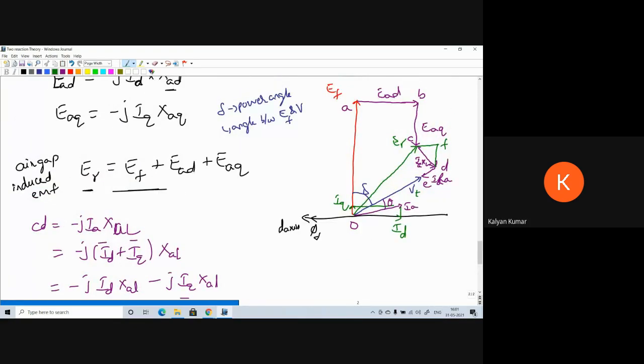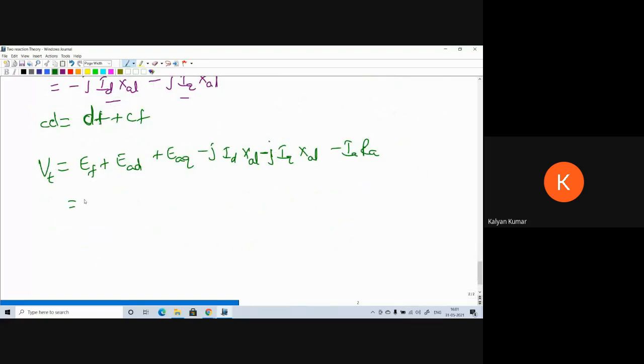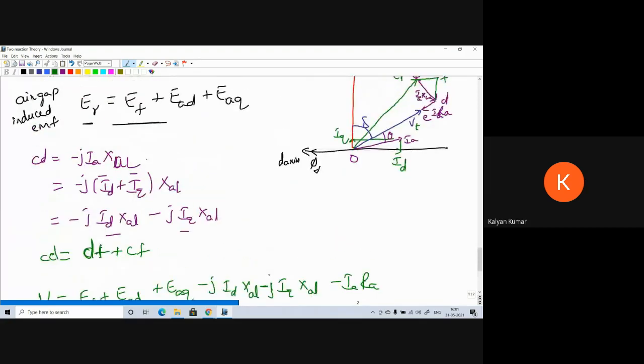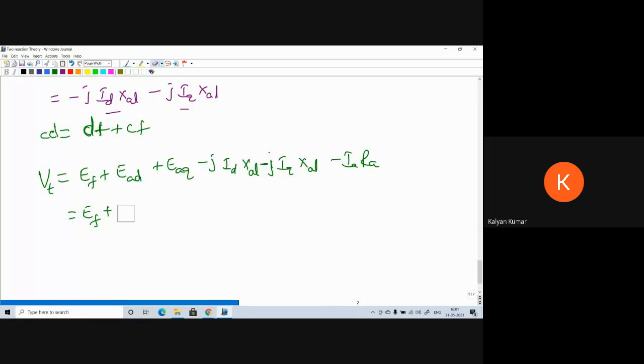So EF, EAD, EAQ, CF, DF and DE added give us VT. So this is EF, plus EAD which is minus J ID XAD, minus J IQ XAQ, minus J ID XAL, minus J IQ XAL, minus IA RA.